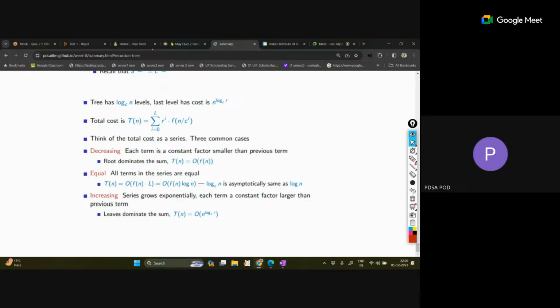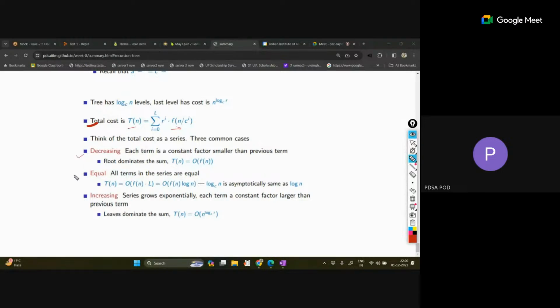Basically we can relate our recurrence relation to this condition, this total cost. You can relate your Tn, this recurrence relation, with this formula, and after that you can decide whether on each level the number of steps is decreasing, equal, or increasing.